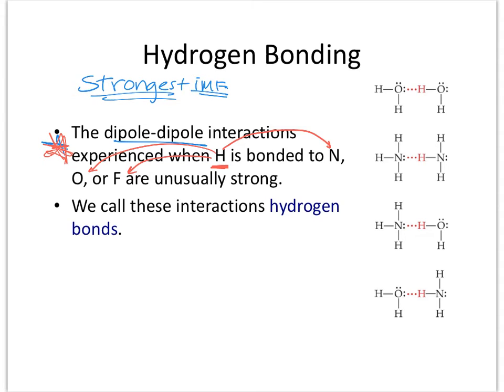When you have those types of molecules, because nitrogen, oxygen, fluorine are highly electronegative, those elements pull electrons towards them. They shift the electron density in that molecule and make it very asymmetrical in terms of the distribution of charge.